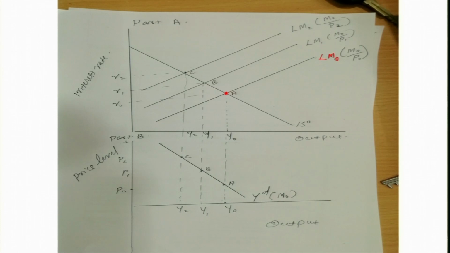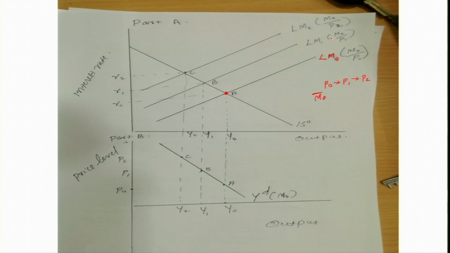But now let us change the price level from P0 to P1 and to P2, but we assume the money supply in nominal terms remains constant. That means if the price level is increased, we will discuss later how the price level will increase.